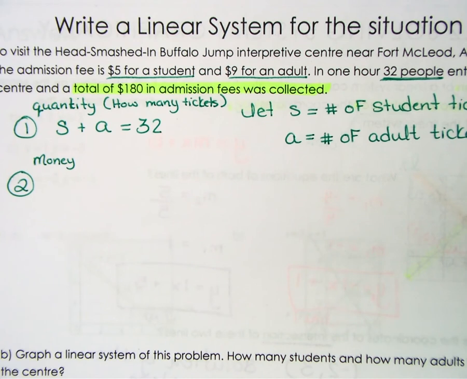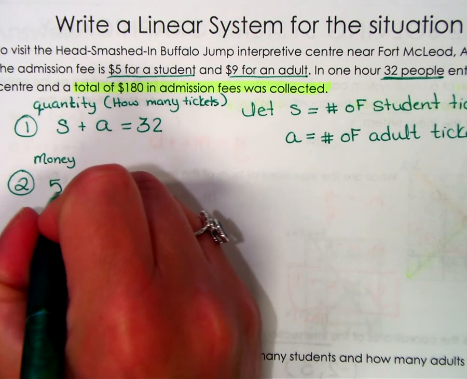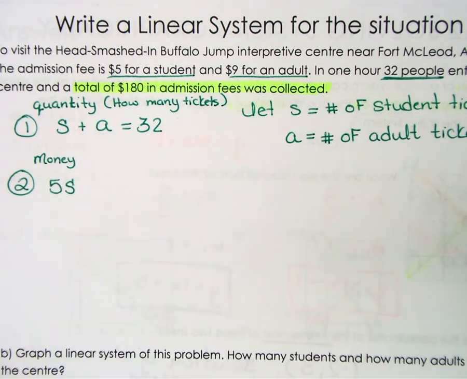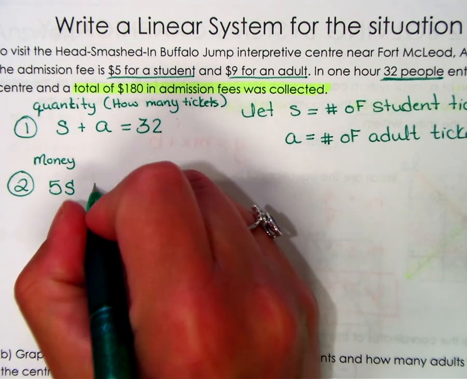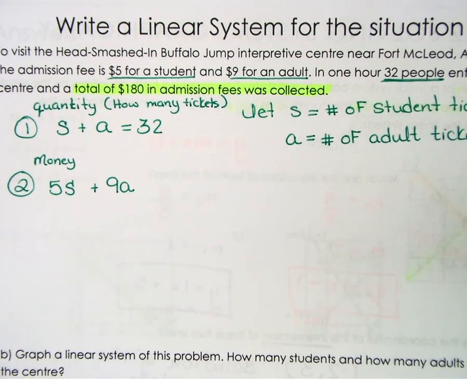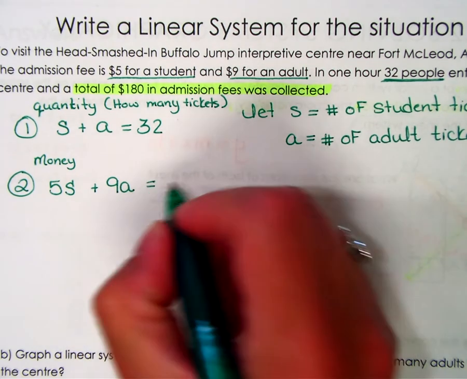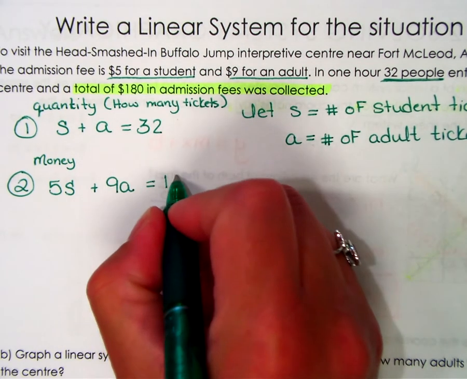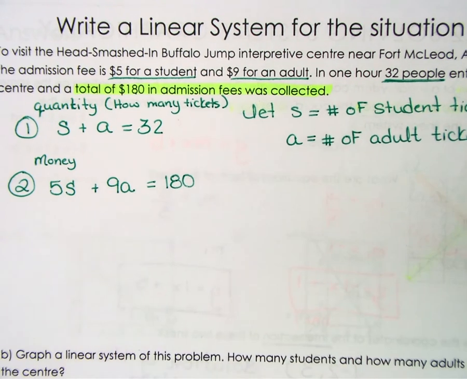So we know that it's $5 for every student ticket. So if I sold 10 student tickets, I would have made $50. Okay? And if I sold 10 adult tickets, how much money would I have made? $90. Isn't that exciting? And we know we made a total of $180 in that hour.